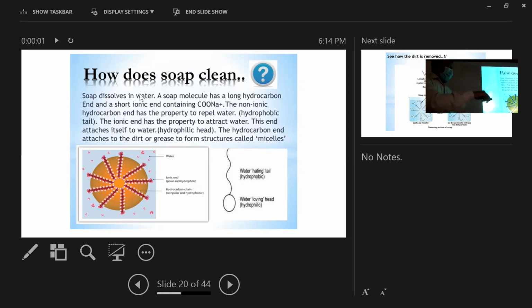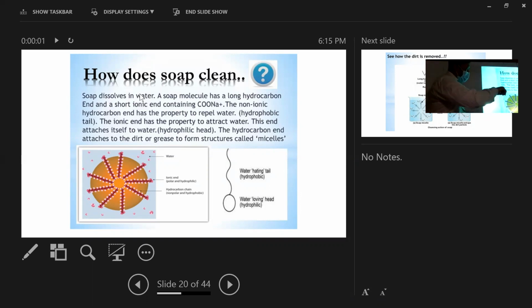And this part is the tail, this long tail part, and it is hydrophobic. It does not love water. It loves oil, hydrocarbon. This dirt is also hydrocarbon or oil, so it can form a bond. That means this part can attract the oil or dirt.